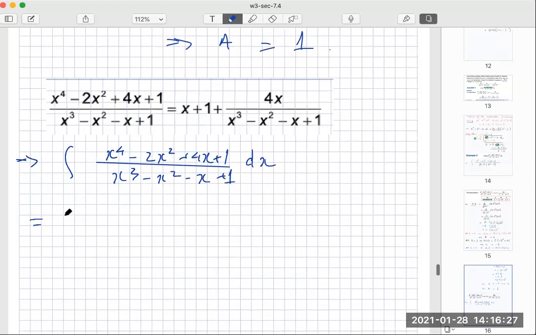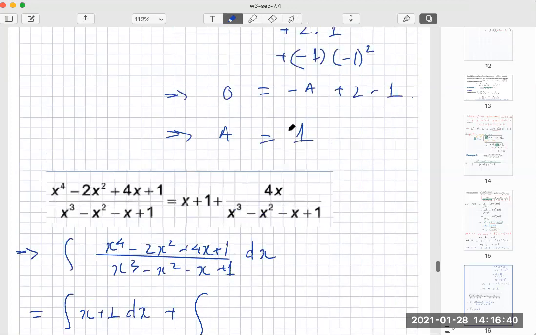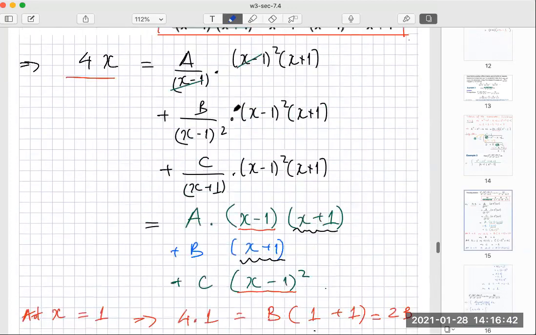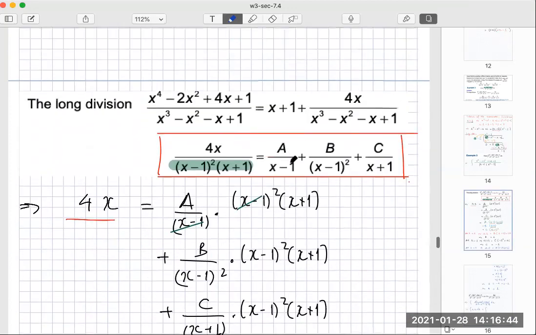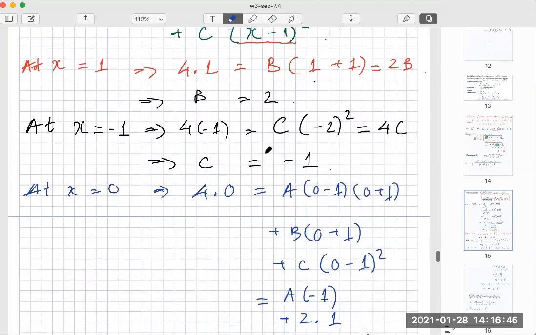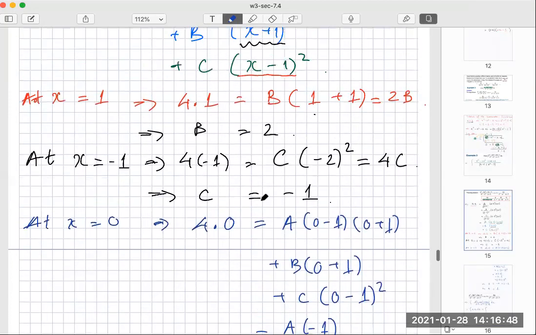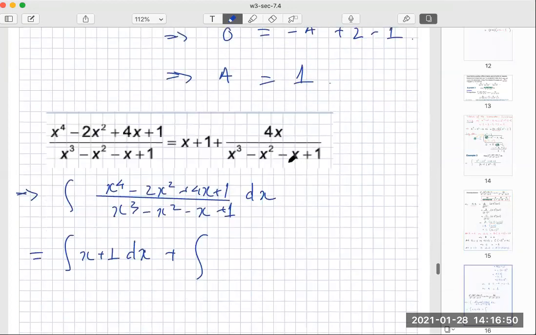We can write it as the integral of x plus 1 dx here. And this term becomes, let me see, A divided by x minus 1, and A here is 1, right?